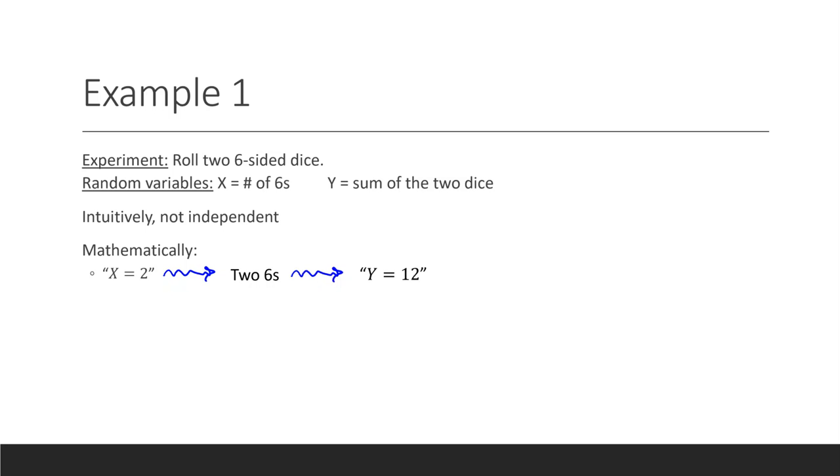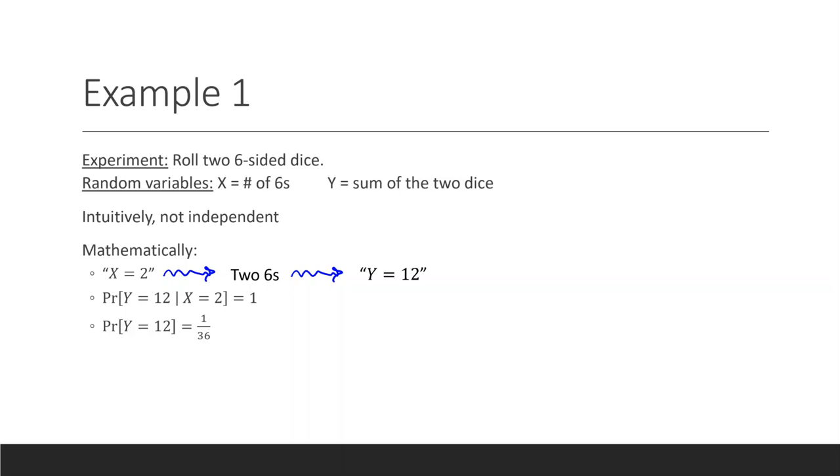And so, in other words, the probability that the sum of the two dice is 12, given that x is 2, is 1. On the other hand, there's only one way out of 36 to roll two dice and get a sum of 12.